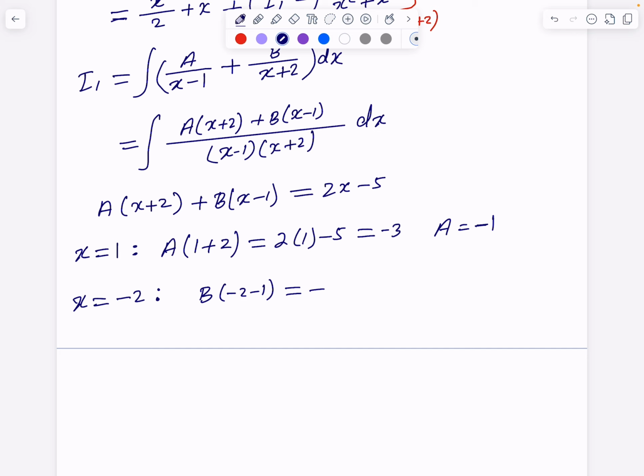And here we're having 2 times minus 2, and then minus 5. Therefore, we're going to get minus 4 and minus 5, which is minus 9. Therefore, B is going to equal minus 9 divided by minus 3, which is plus 3. So A is minus 1 and B is 3.